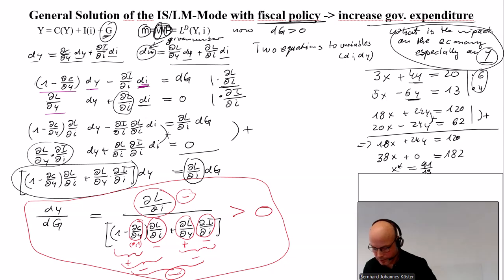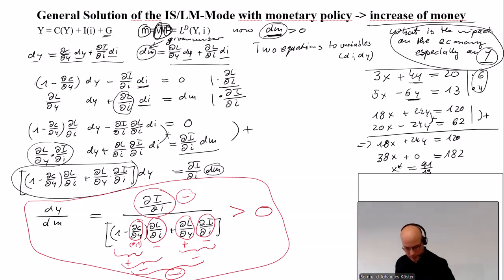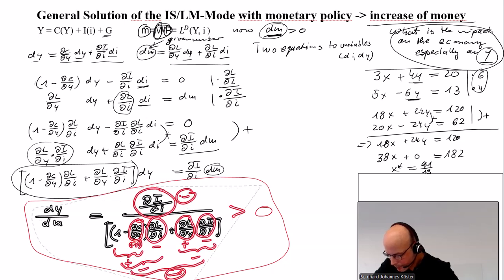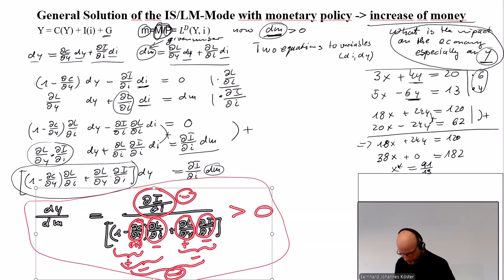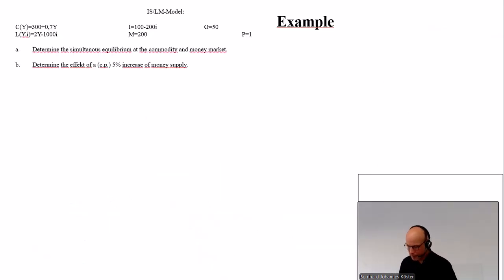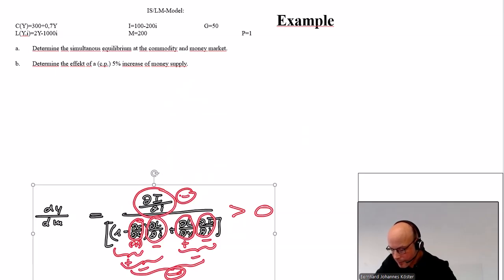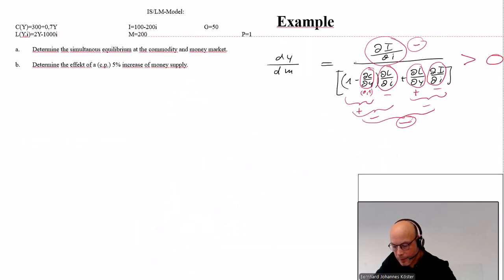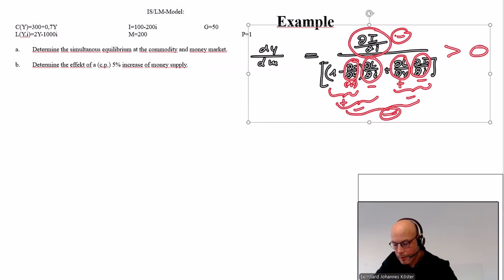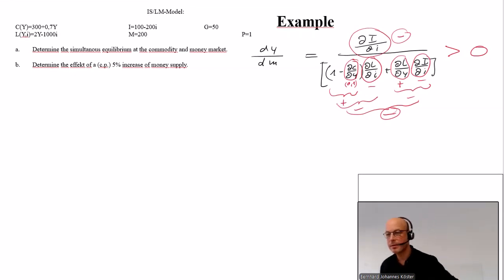No, this was fiscal policy, and we need this one here. This is our money multiplier, and we should determine the simultaneous equilibrium.